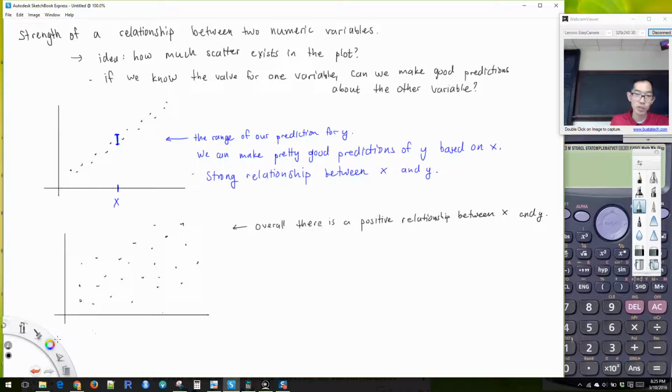Okay, so that's true. But let's say I said, here's your next x value. We're basically going to say y can be anywhere from here to here.